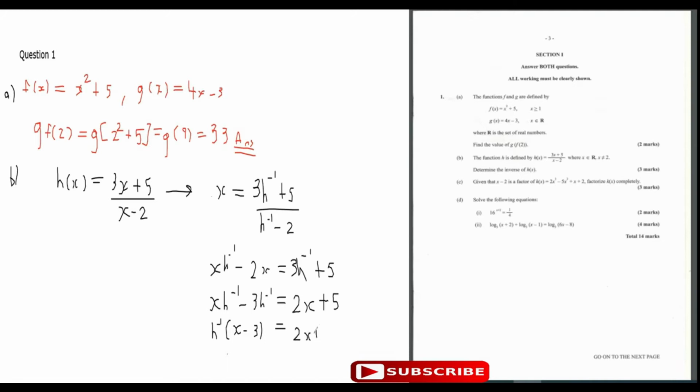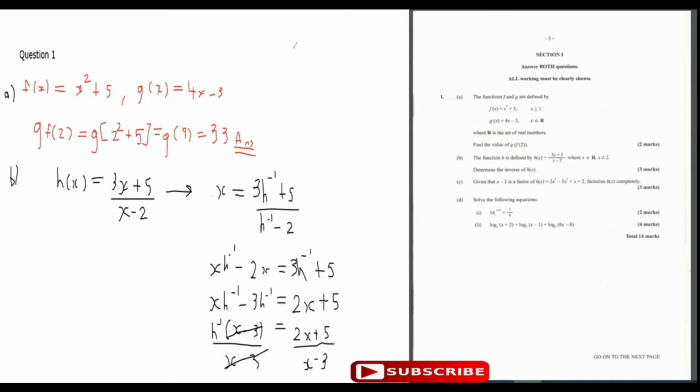All we need to do now is divide both sides by x minus 3, and that will give us h inverse. That means h inverse is 2x plus 5 over x minus 3, because this cancels this. Nice and easy. So that's h inverse.